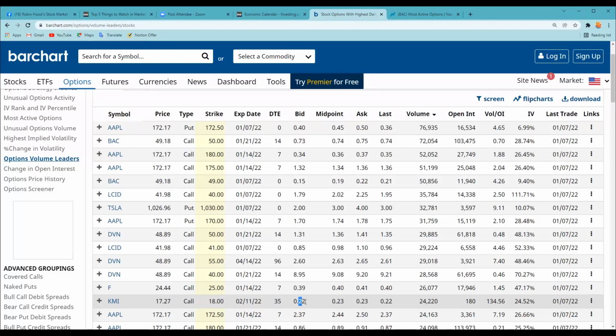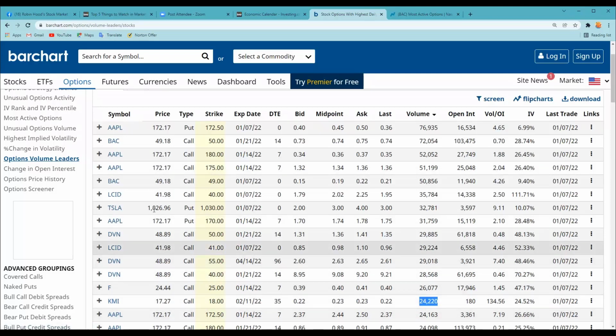Each contract is about $22 a piece, but the open interest was really nothing. Only 180. That's nothing. And now all of a sudden it had a massive amount of interest that is like 99.99% buying activity. And so there's something going on with KMI, yeah.